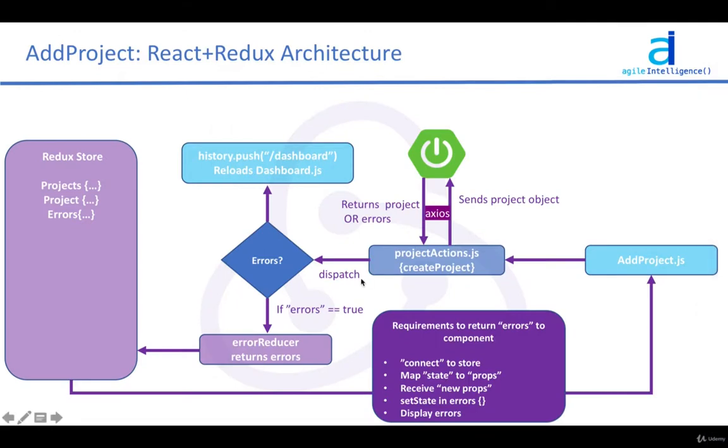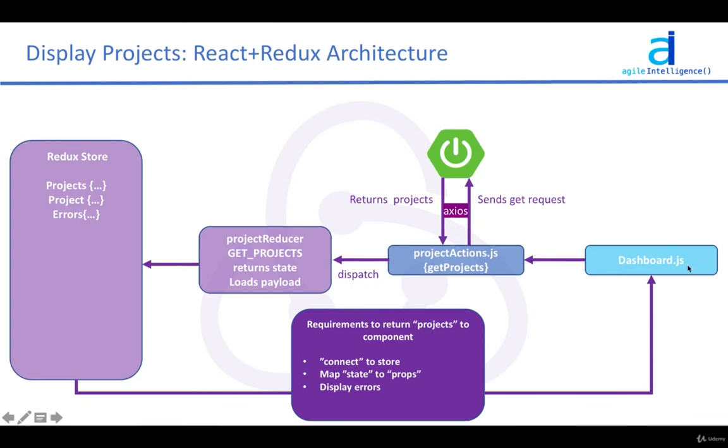Then the other use case that we're going to implement is when we load the dashboard. And what's going to happen here is that the dashboard is going to call the project actions. And the project action is going to have a function called getProjects, which is going to go to our API, which we already wired up on SpringBoot, by the way.